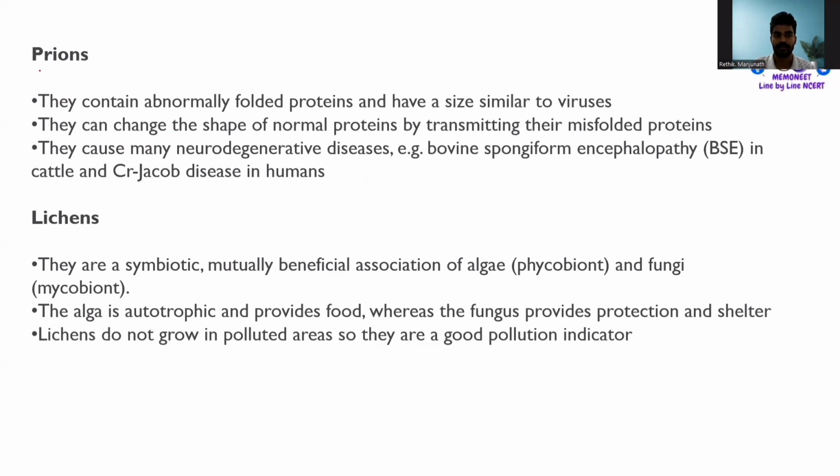The next one is prions. They contain abnormal folding proteins, and have a size somewhat similar to viruses. Once they infect any healthy host, they are going to change the shape of the normal protein of the host by transmitting their misfolded protein.